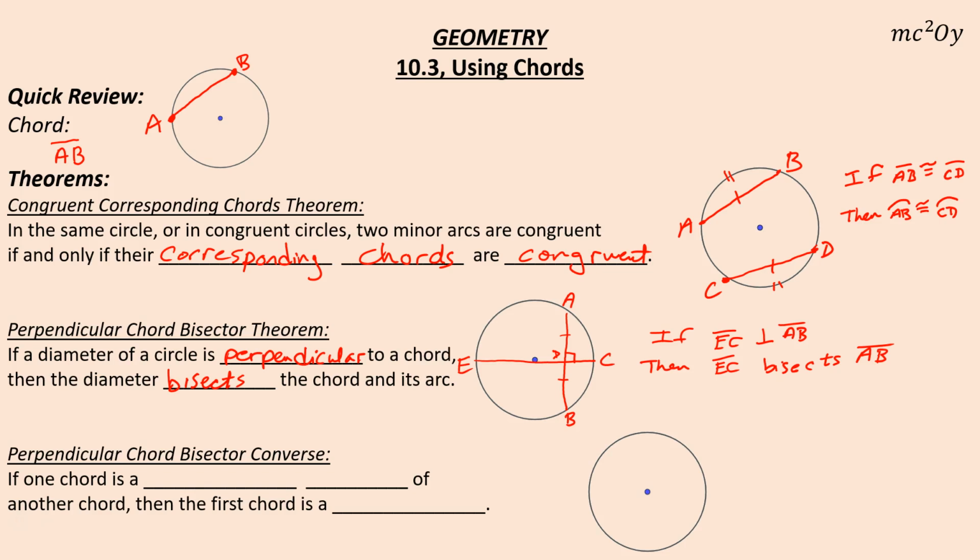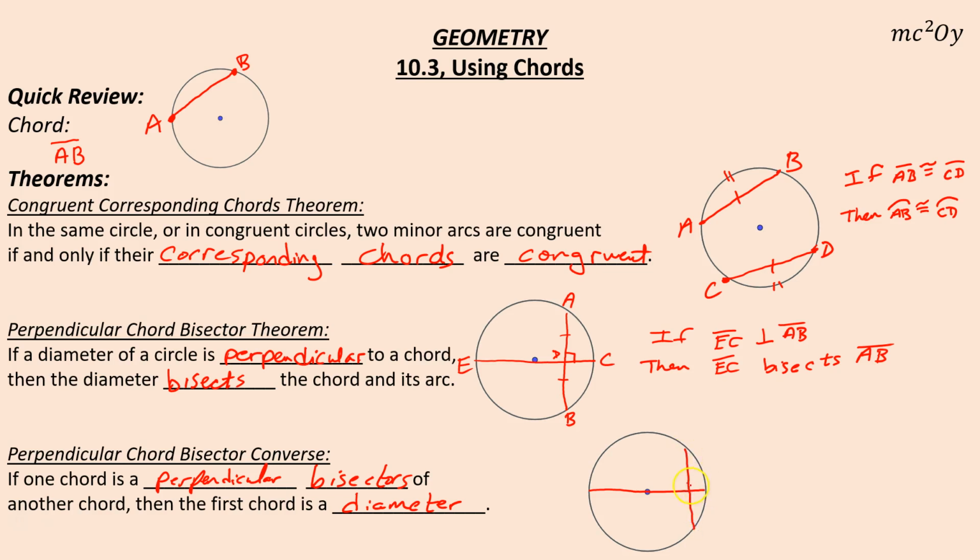The perpendicular chord bisector converse says if one chord is a perpendicular bisector of another chord, then the first chord would have to be a diameter. So just the converse of the above theorem. Above we had, if it's a diameter, it's going to be a perpendicular bisector of the chord. Here we're saying, if it's a perpendicular bisector, then it's a diameter.